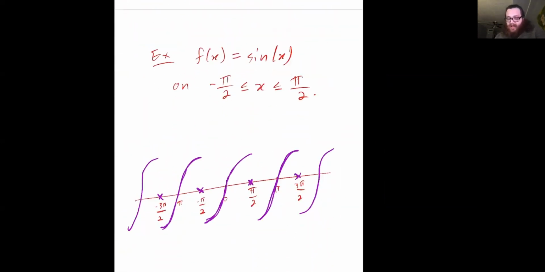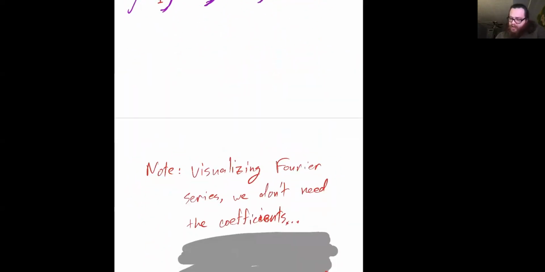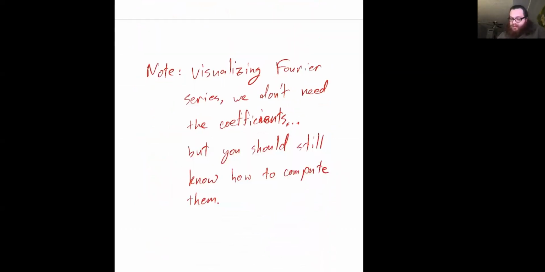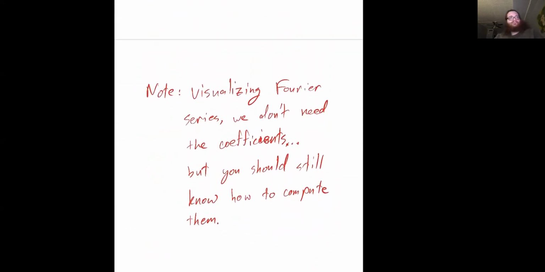But if we wanted to sketch what that series looked like, we didn't need those coefficients at all. So when we visualize these Fourier series, we don't need the coefficients, but it's still important that we know how to compute them. If we actually want to write out solutions and do things analytically, it's a skill we need to utilize.